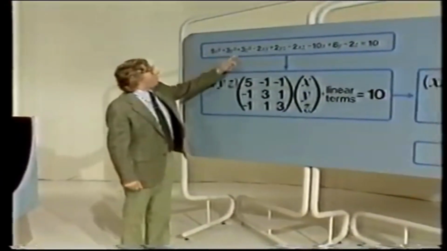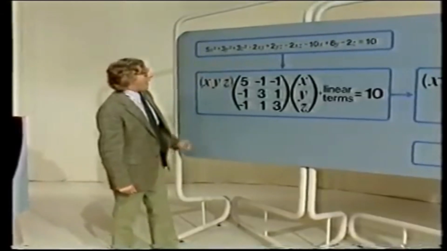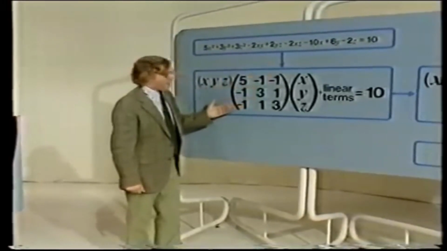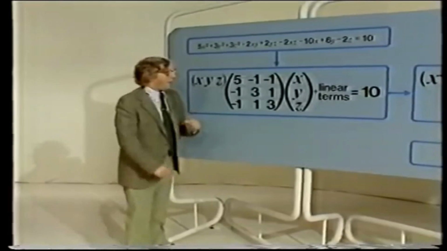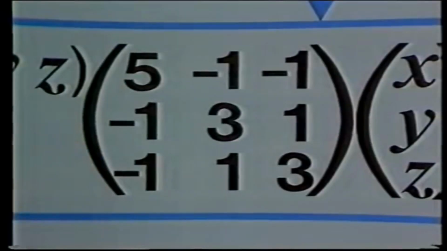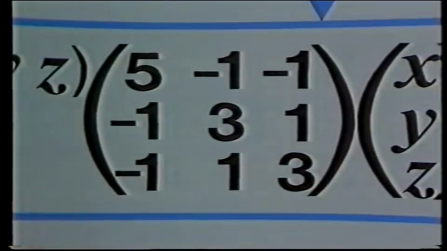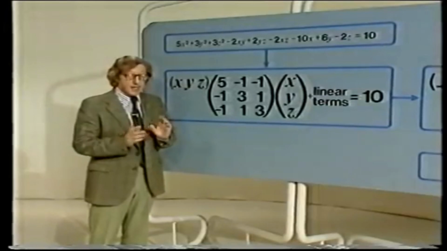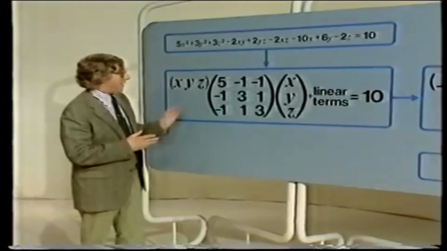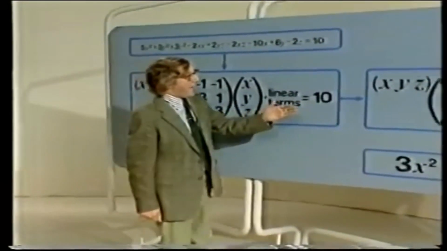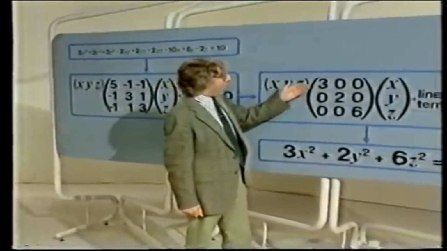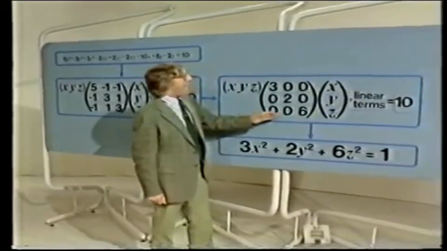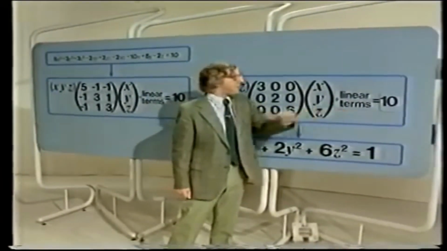This is the rather horrible equation that we started off with, and it can be written somewhat more succinctly in matrix form. Now, the first thing we recognize is that we have a symmetric matrix, and we know that can be diagonalized by an orthogonal transformation. Now, that corresponds exactly to the rotation that we did of the axes. Well, when we do that, we find that here's our diagonal matrix, and we still have these linear terms.